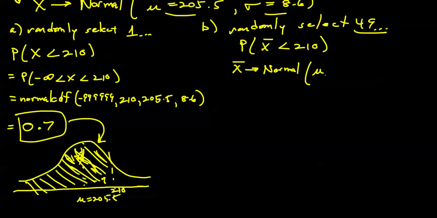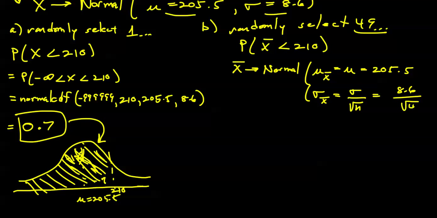The mean of the sample means is the population mean, and that is given to us as 205.5. The standard deviation of the sample means is going to be our original SD divided by the square root of the sample size, and here that's 8.6 divided by the square root of 49.